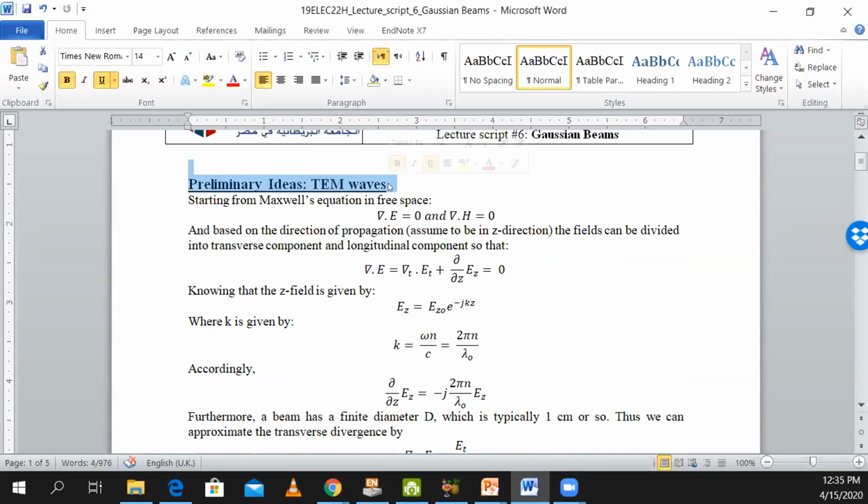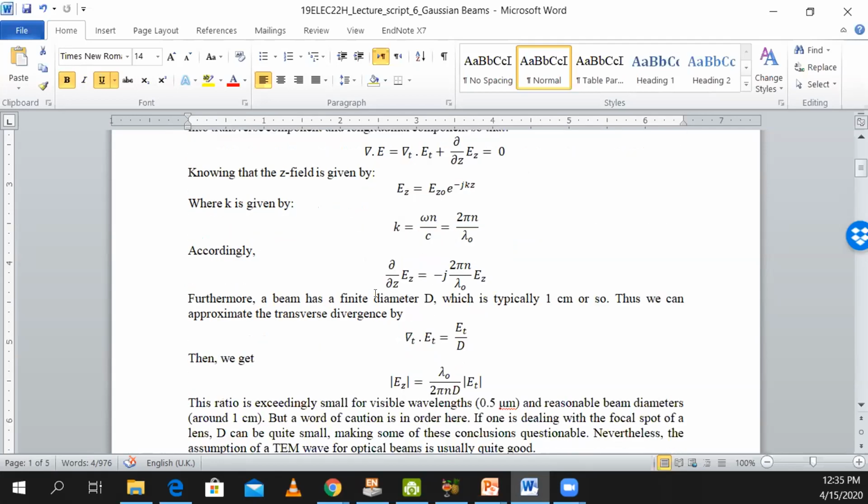If you remember the definition, TEM, or transverse electromagnetic waves, are those waves which don't have either an electric field component or a magnetic field component in the direction of their propagation. They only have electric and magnetic field components in the transverse directions. That's why they are called transverse electromagnetic waves.